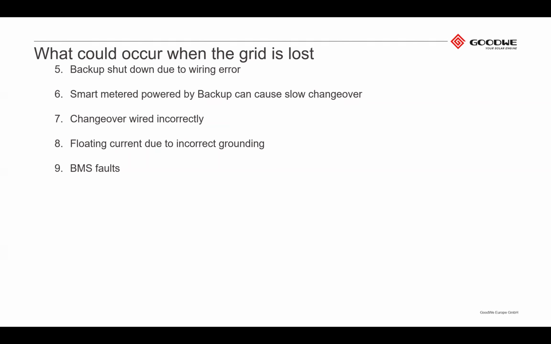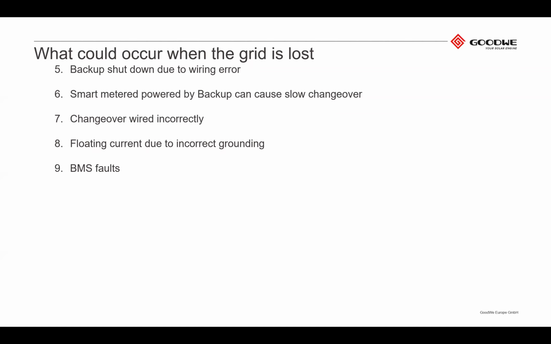And then BMS faults. So lithium batteries, unfortunately, are smart batteries as well. And they also sometimes have faults. Very often either the BMS has an issue, or there's something between one of the batteries causing a problem. And that can also cause the batteries themselves to shut their output off or limit their output or have a communication failure.